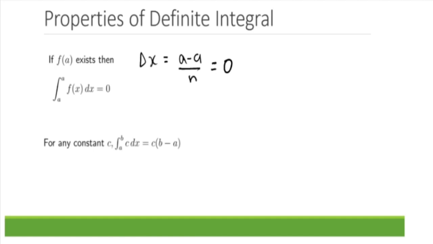Ibig sabihin, lahat ng rectangles na gagamitin natin, meron siya isang side measure na equal to 0. So it will make sense na yung area under this curve will be 0. Or, graphically, pwede natin isipin na area lang siya sa ilalim ng isang point. So, wala siyang area. Or 0 yung kanyang area.